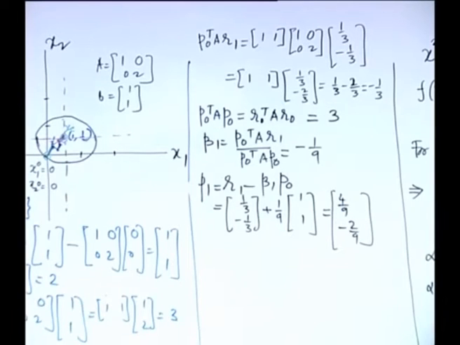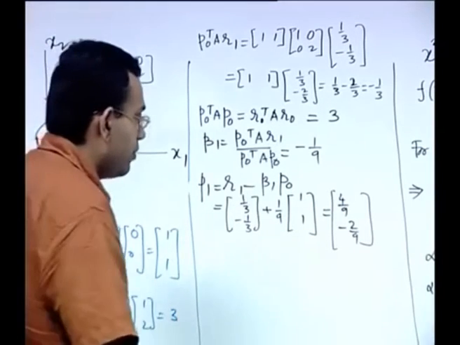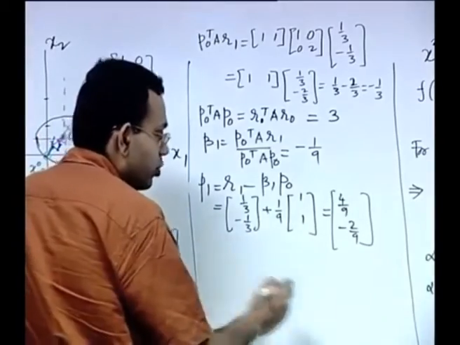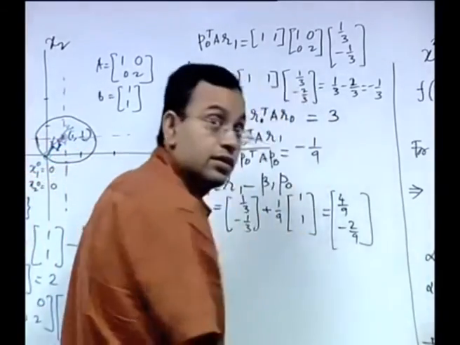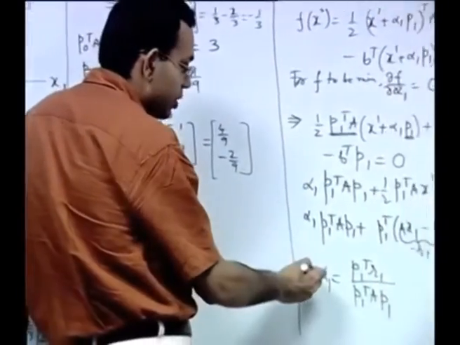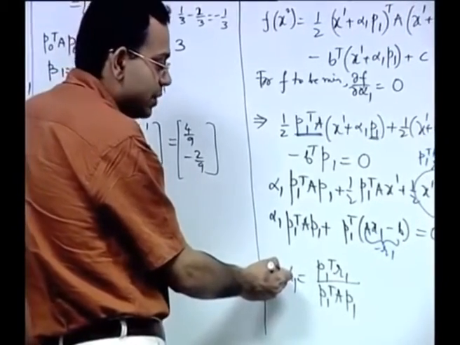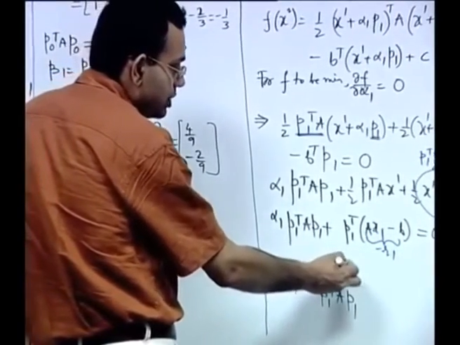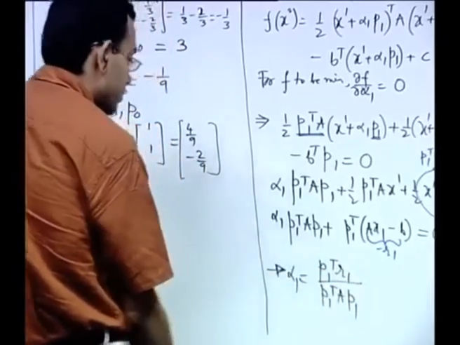Alpha 1. So for calculation of alpha 1, this is the formula for alpha 1. In this particular formula you require P1 transpose R1 and P1 transpose AP1.